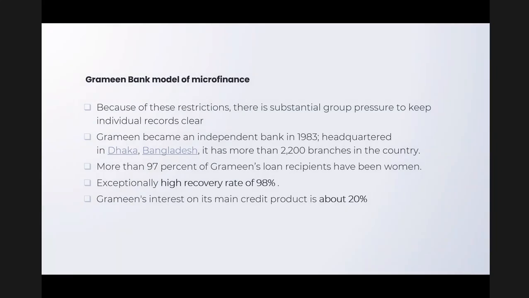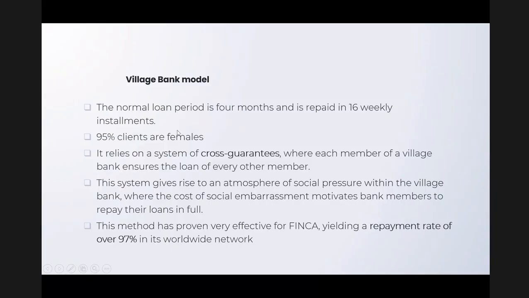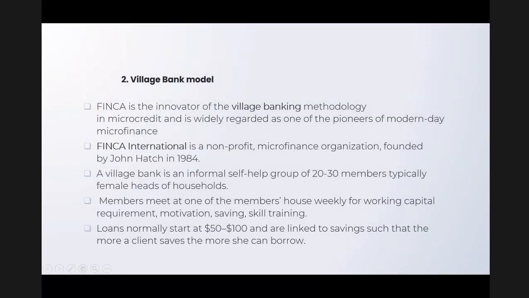Coming to the next model, that is the Village Bank model. The Village Bank model has been promoted by Finca. Finca is an organization. Finca is the innovator of the village banking methodology in microcredit, and is widely regarded as one of the pioneers of modern day microfinance.